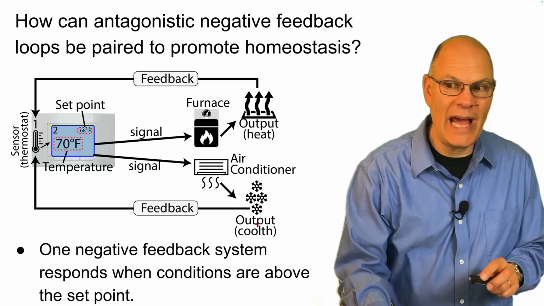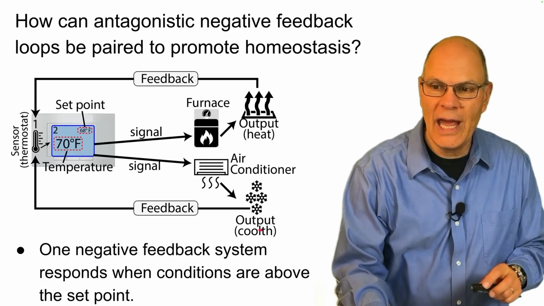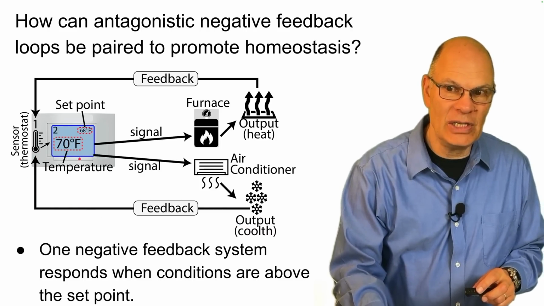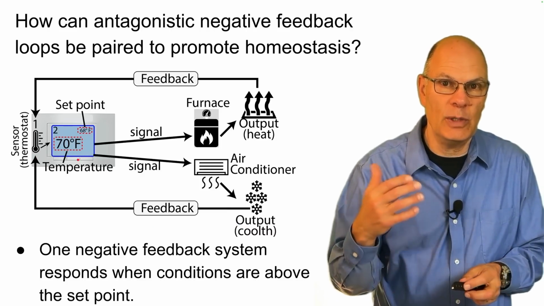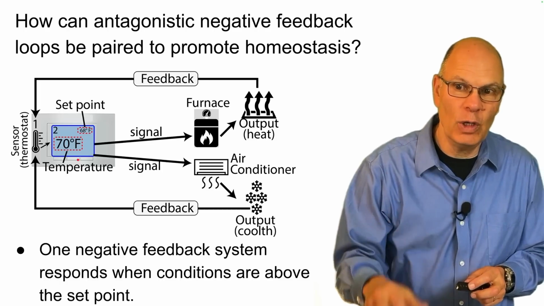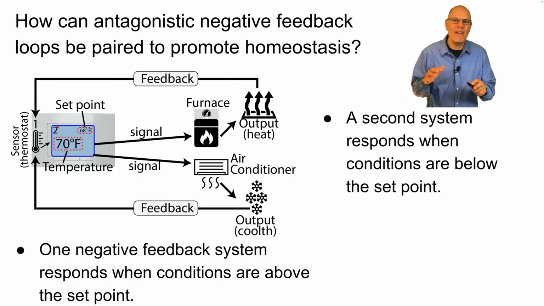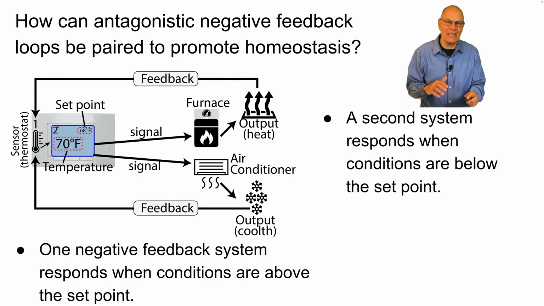That will put out cool, it's a real word, and that will feed back to the system, and eventually it'll get the system to turn itself off. There's been cooling, and we've therefore lowered the temperature. But we still have a heating system, and if the temperature goes below the set point, then that system would turn on, it would release heat. That would feed back to the system, and that would wind up turning the system off. So we have paired antagonistic systems, one for cooling, one for heating.